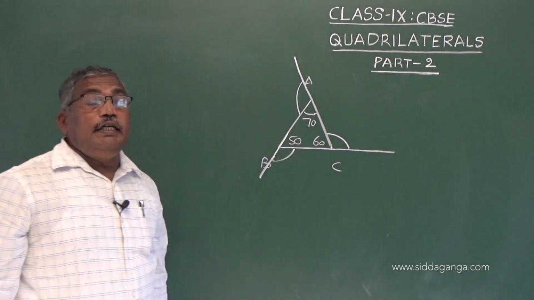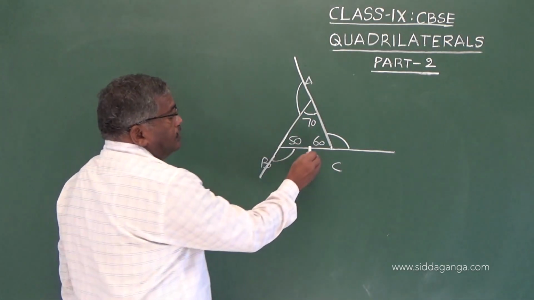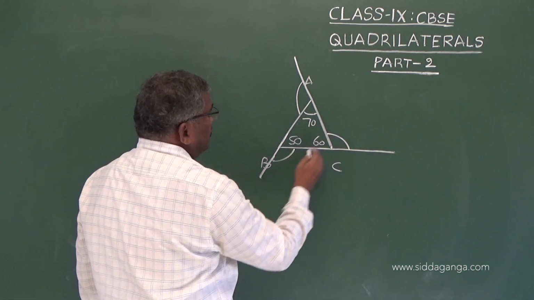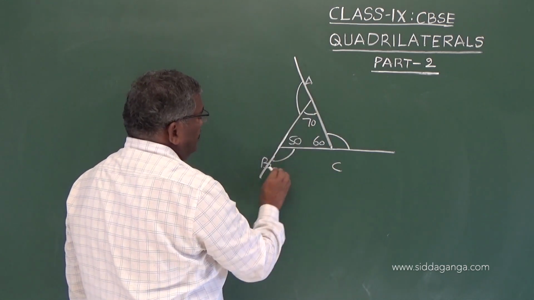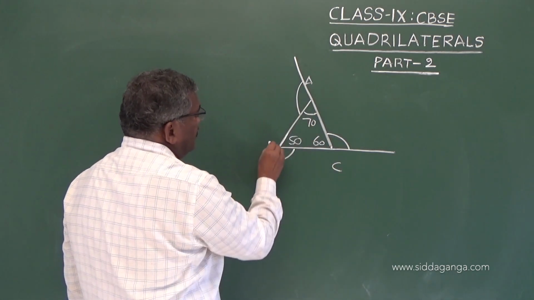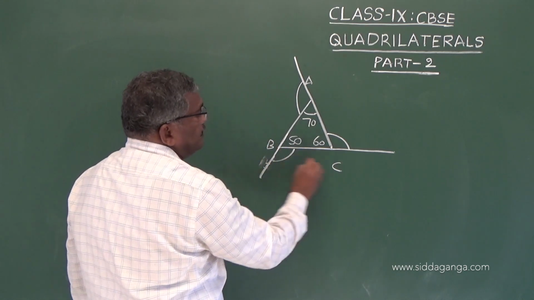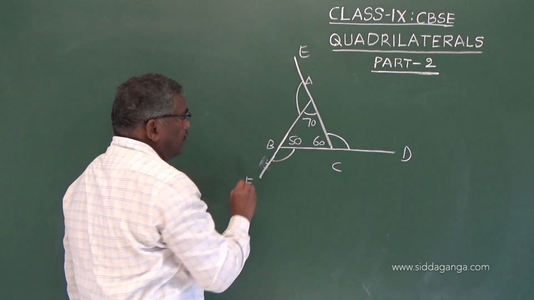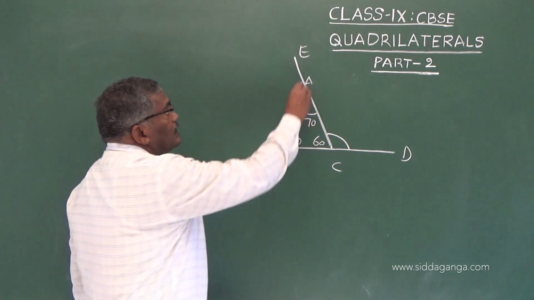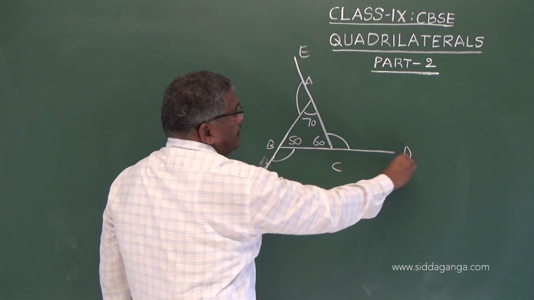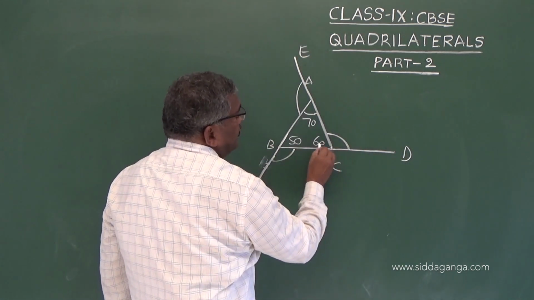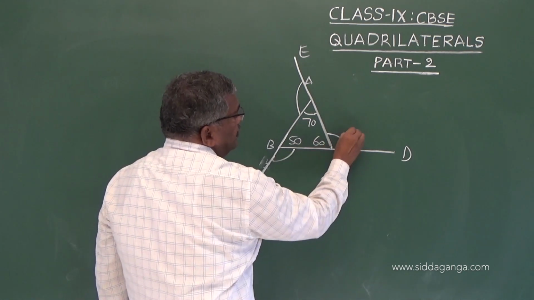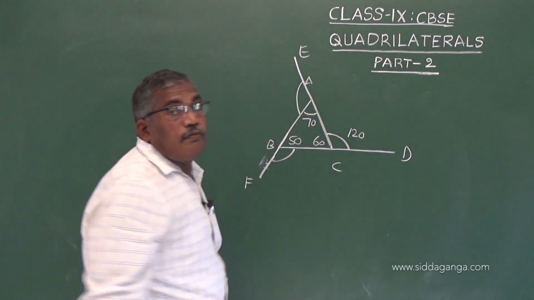Now you have studied the linear pair angles. In this situation, if I call this triangle ABC, and this point D, E, F, let us say. Now this exterior angle ECD will be equal to 180 minus 60, this is 120.